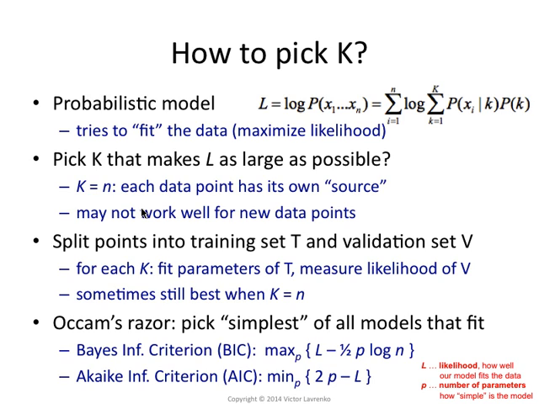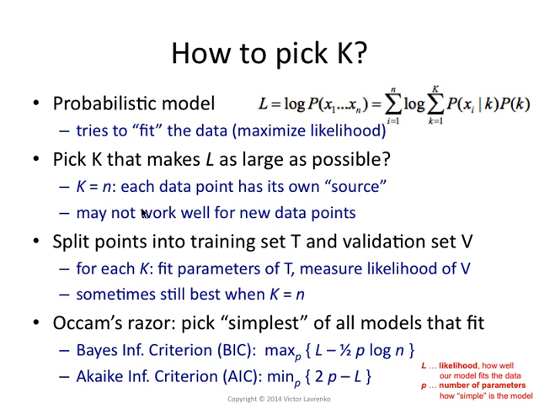So you want to take that likelihood, it's L in the Bayes information criterion, and offset it by the complexity of the model. In Akaike, you do pretty much the same thing, only you minimize. So you take the complexity and subtract from it the likelihood.